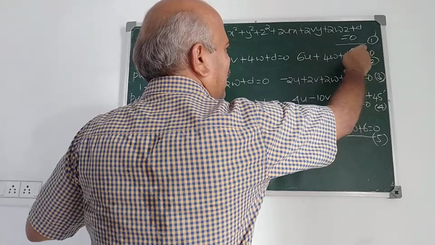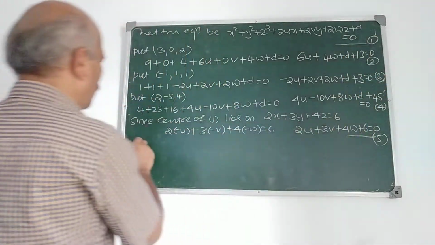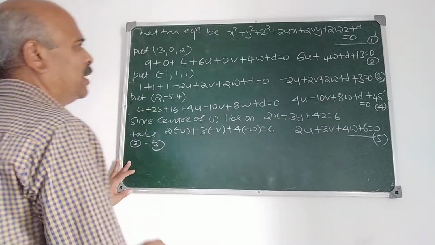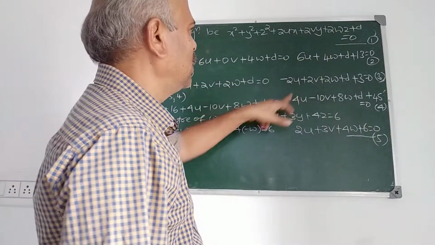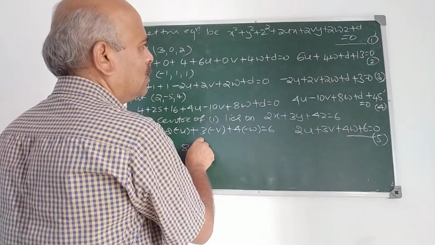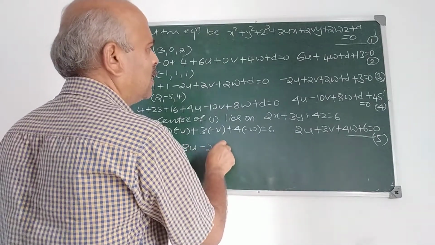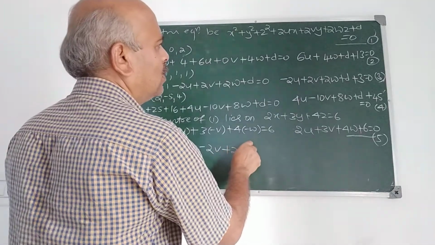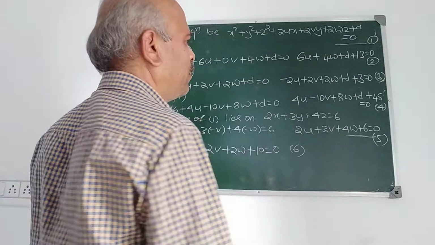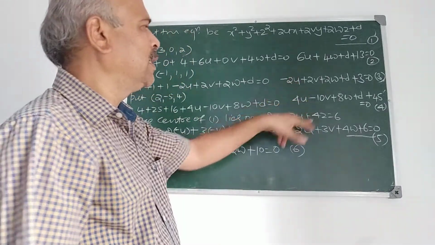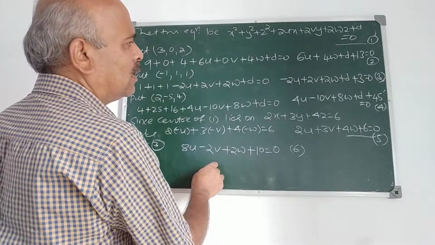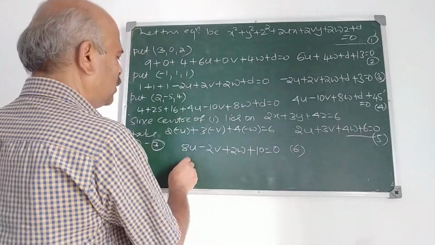Now we eliminate d from 2, 3, 4. For that, take 2 minus 3. What does 2 minus 3 give? 8u minus 2v plus 2w plus 10 is equal to 0. This is 6. Next is 3 minus 4.